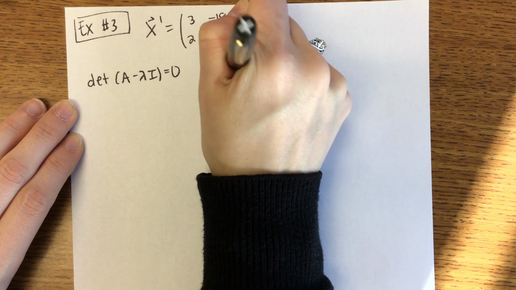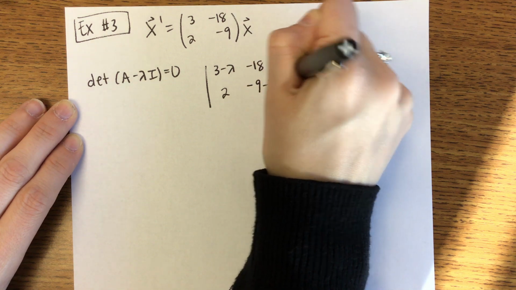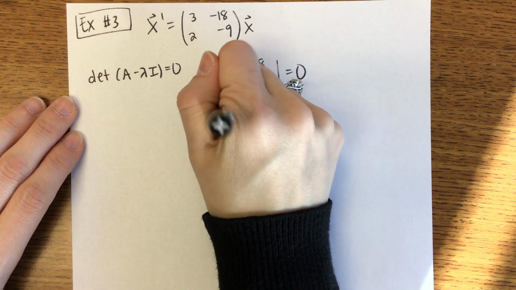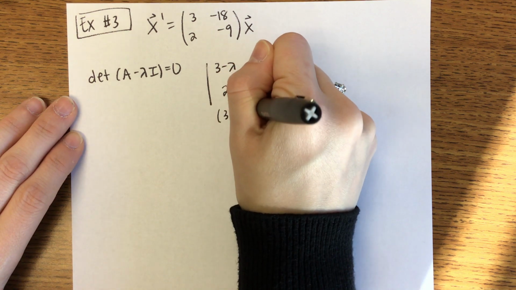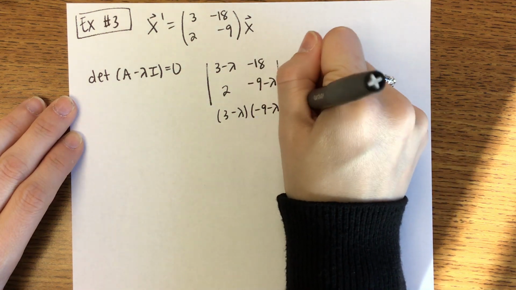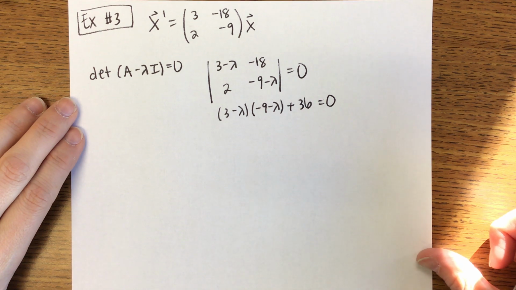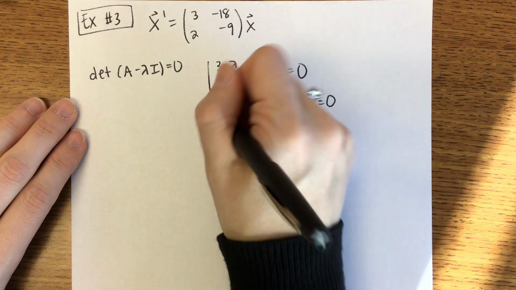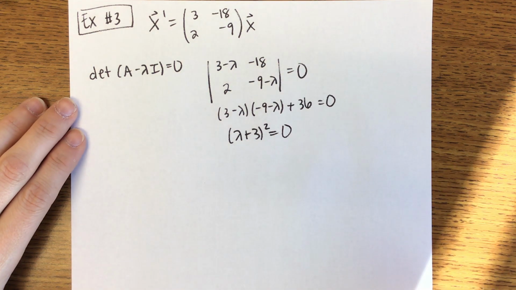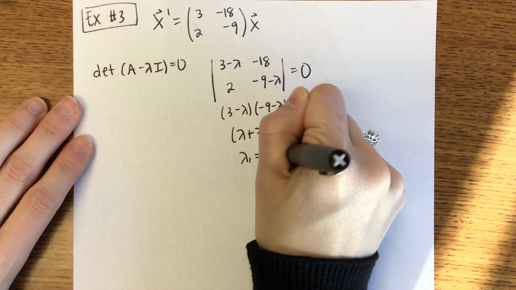That's 3 minus lambda, -18, 2, -9 minus lambda. So we have 3 minus lambda times -9 minus lambda, add 36 is equal to 0. This ends up being lambda plus 3 squared equals 0. So in this case, both of our eigenvalues are -3.